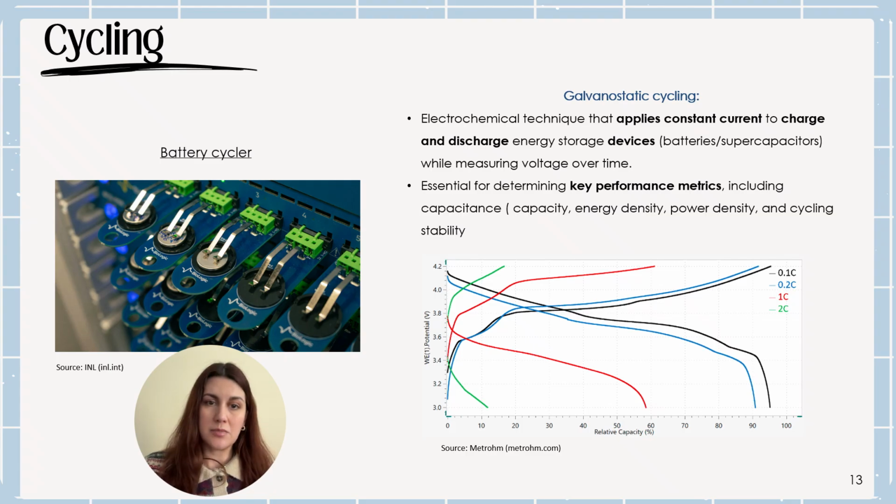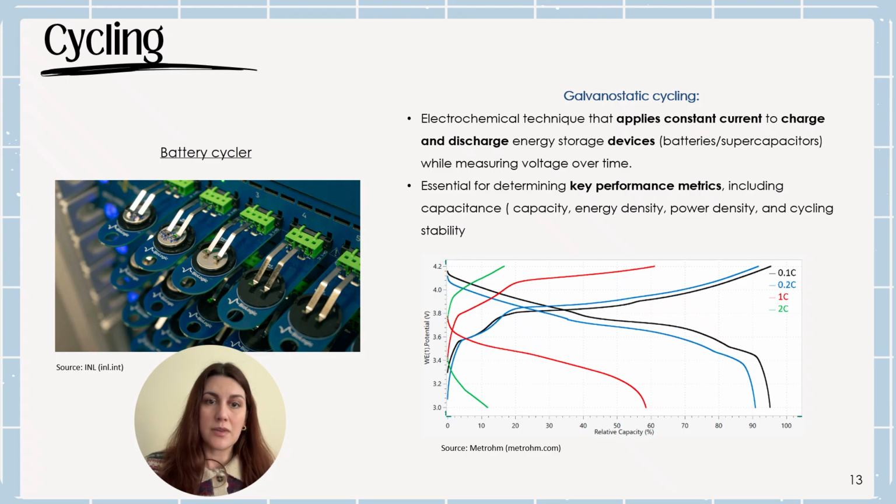This is important because battery performance often depends strongly on rate. At low C rates, the battery has more time to complete ion transport and redox reactions, so it usually delivers higher capacity. At higher C rates, polarization and mass transport limitations become more important, and the accessible capacity often decreases.